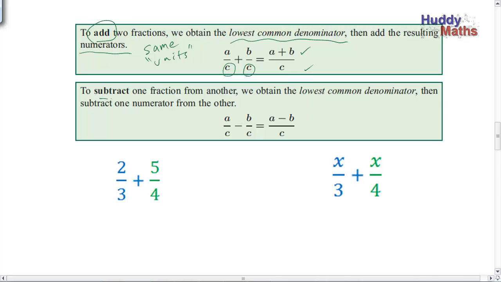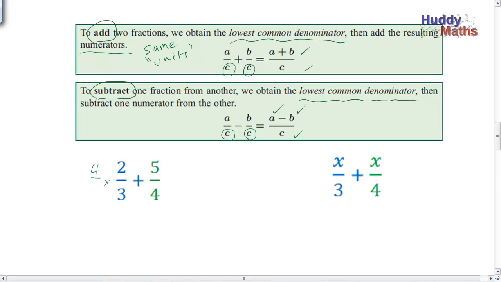What about subtracting? You remember how to do that? We do the same thing. As long as they are the same units here, A 1/6 minus B 1/6 is A take B, 1 over C. Okay, lowest common denominator. So we have done one just like this.